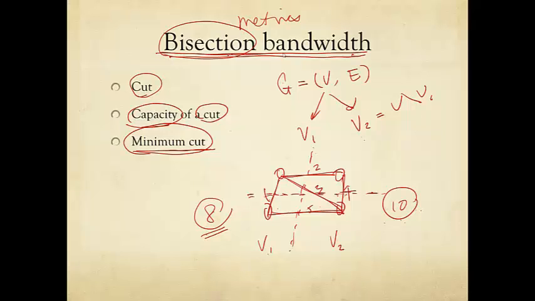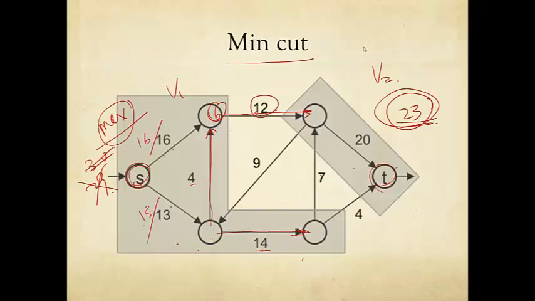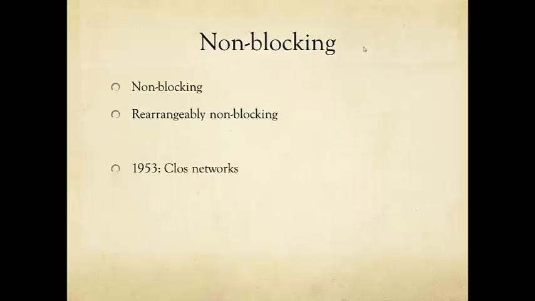But in data center design, when you scale out the topology, you want a large bisection bandwidth, okay? A large potential bottleneck to the performance of communication within the data center. The second criteria we use is called non-blocking. It originated from the circuit switching world for the telephone network.